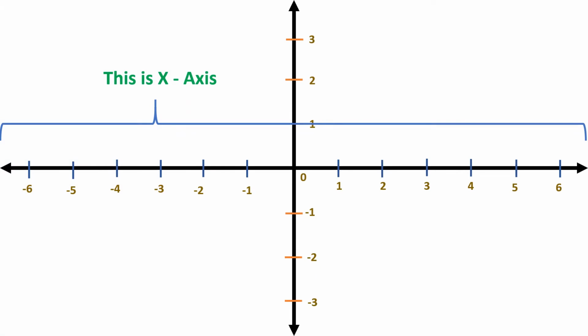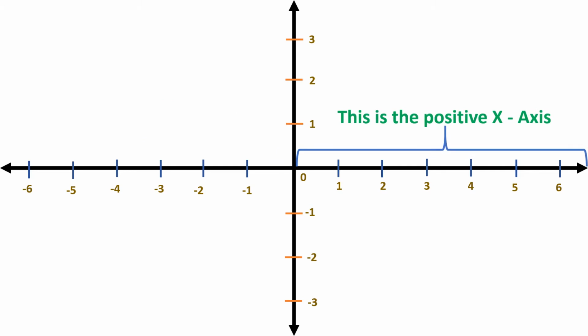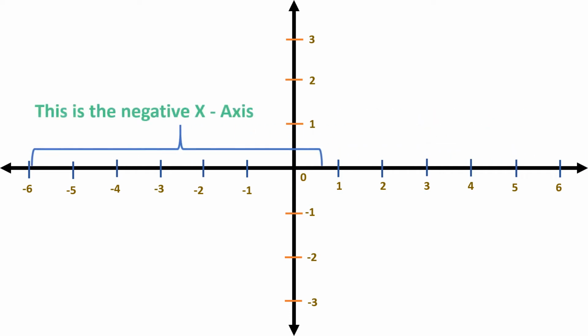This is the positive x-axis, from the origin going to the right. This is the negative x-axis, from the origin going to the left.